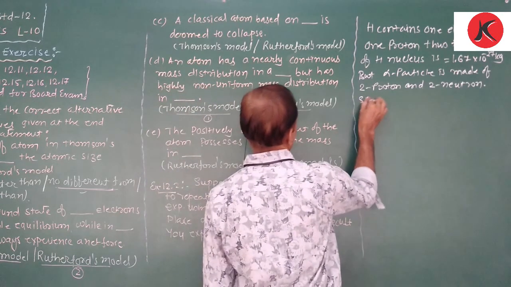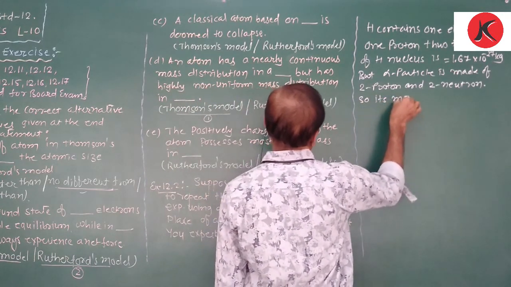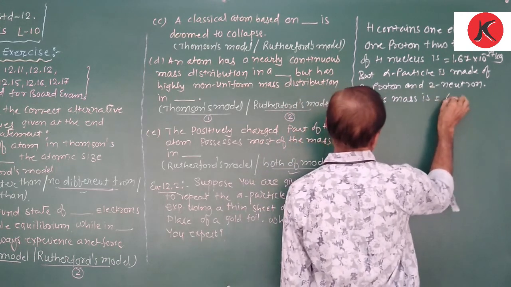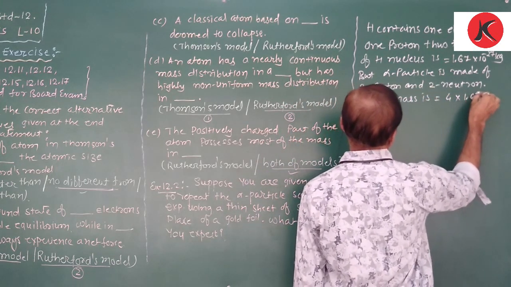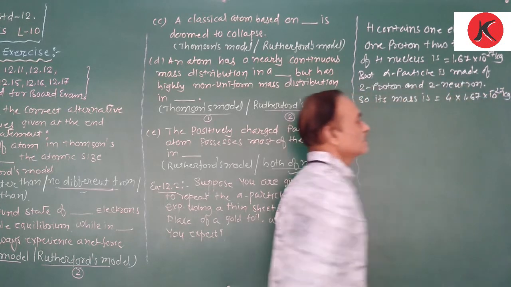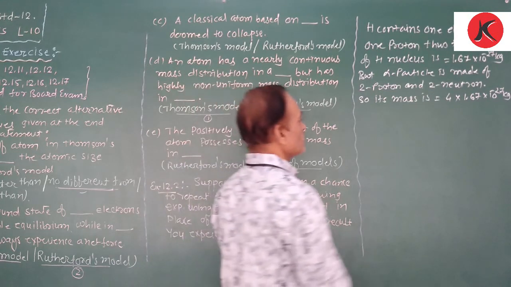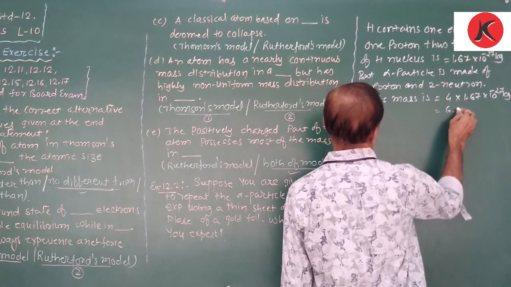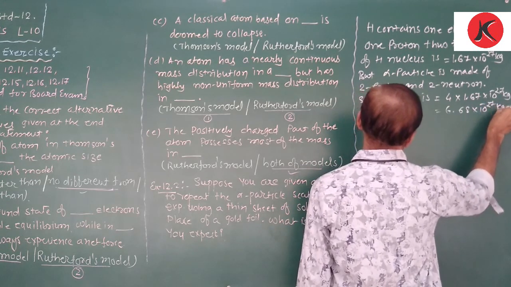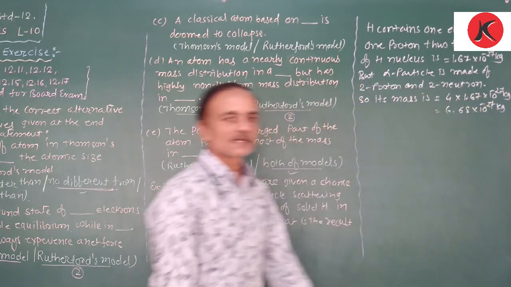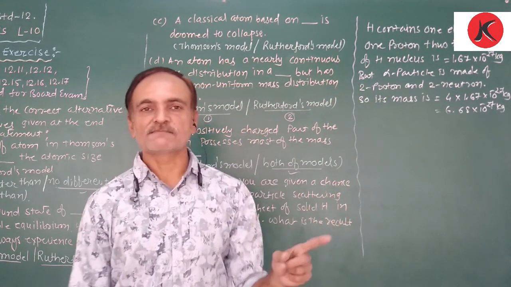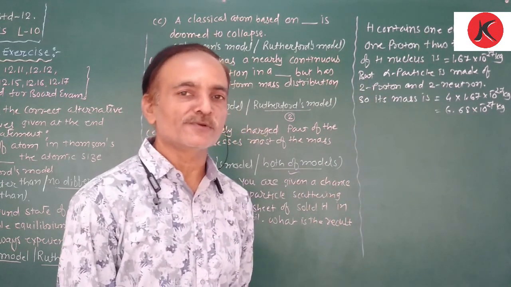So its mass is 4 times the mass of the proton, 1.67 × 10^-27 kg. That means 6.68 × 10^-27 kg. So here the mass of the alpha particle is much greater than the mass of the hydrogen nucleus.